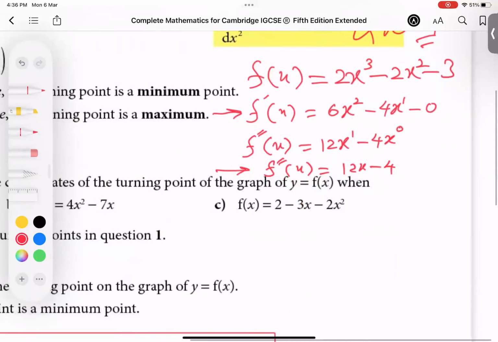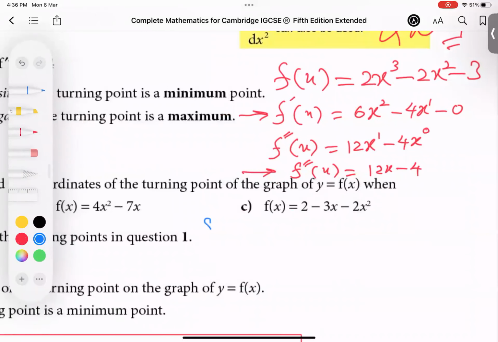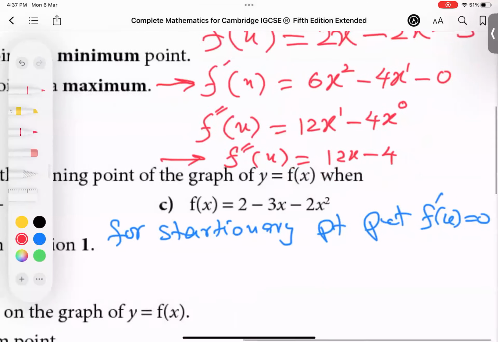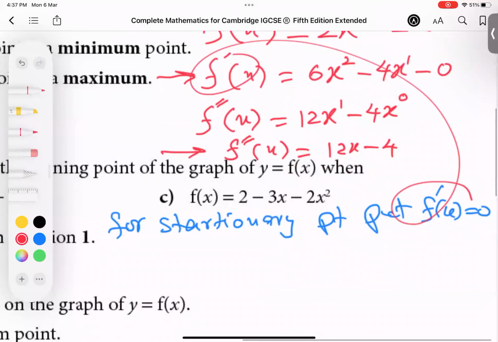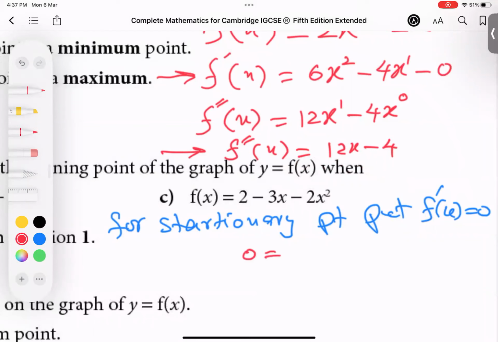According to the conditions, for a stationary point, put f dash of x equal to 0. So when I find x, this is 0, students. So I'm finding 0 first of all.